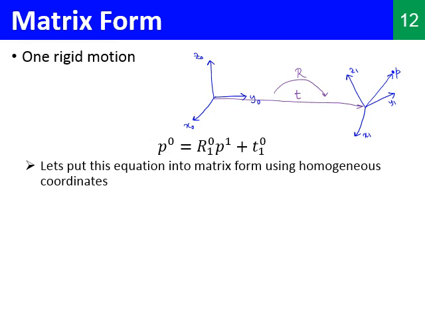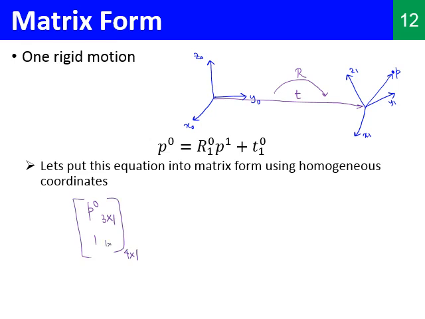Okay, let's do that now. For the left hand side, you would have P0, which is a 3 by 1 vector, and since we are using the homogeneous coordinates, we would have 1, and all together we have a 4 by 1 vector.